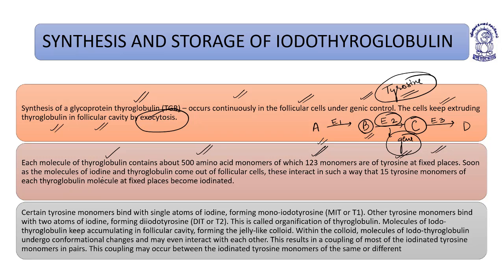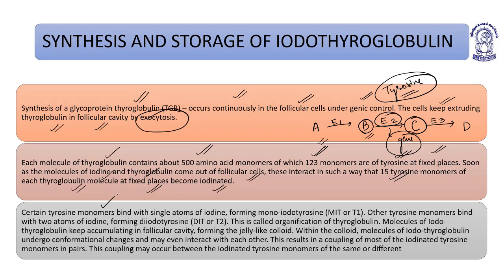As soon as the molecules of iodine and thyroglobulin come out of the follicular cells, they interact in such a way that 15 tyrosine monomers of each thyroglobulin molecule at fixed places get iodinated.